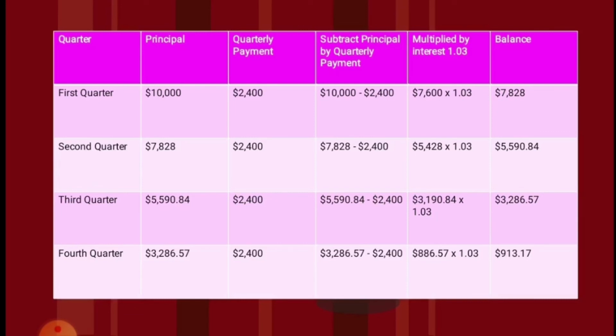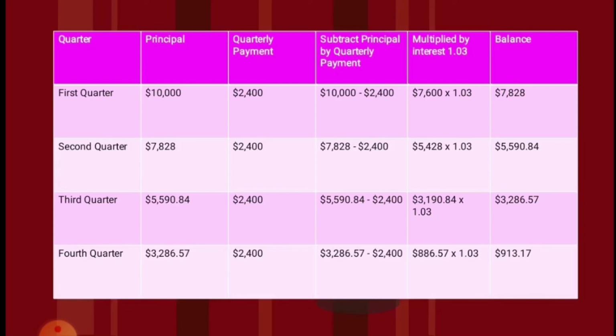And that $3,190.84, we multiply it by the interest 1.03. And that gives us a result of $3,286.57. So again, 3,286.57 will become our principal for the fourth quarter.